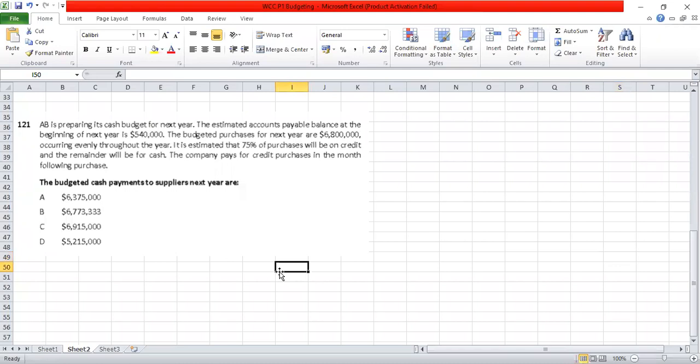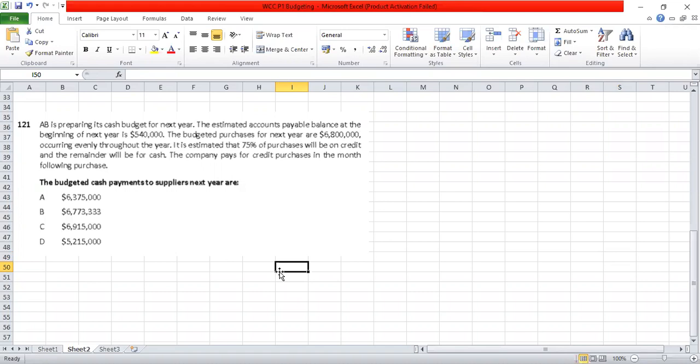A similar question, no? So the budgeted cash payment to suppliers next year. It's only about the payment part of it. Otherwise, the details are on a similar note.